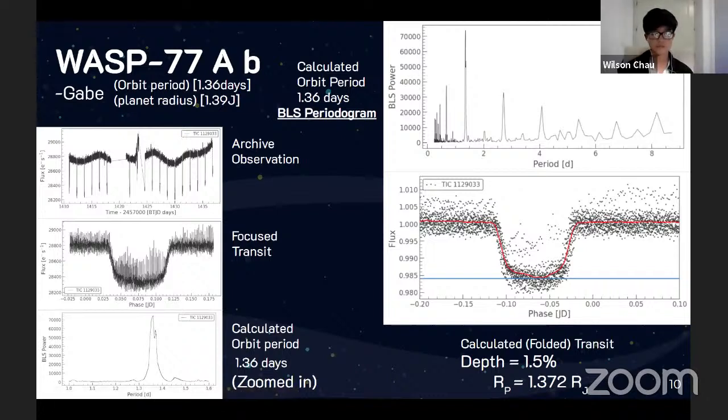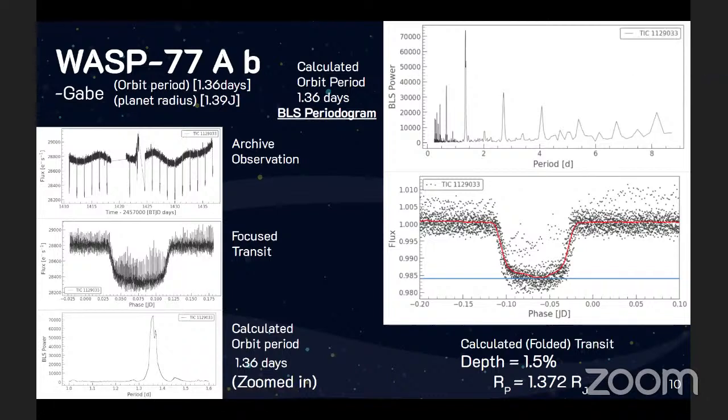Okay, so what the spiky stuff was, if you're asking about the zoomed in transit, if you look at the image above it, it's not completely flat. It waves up and down a little, and that's just due to the star brightness going up and down a little.